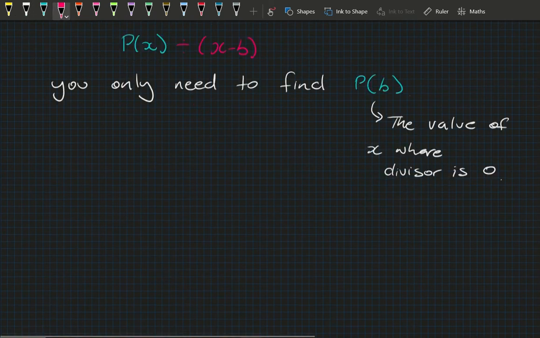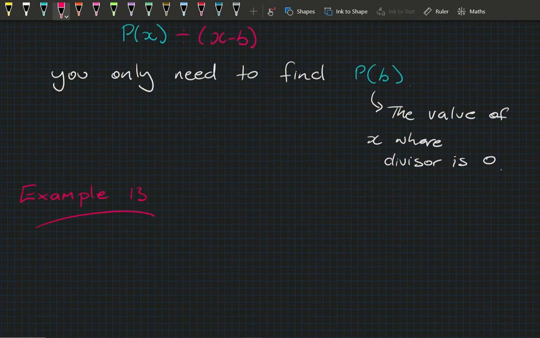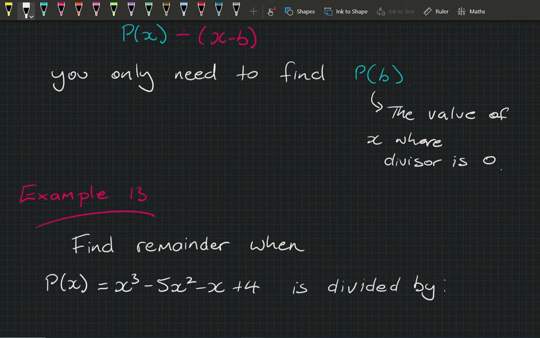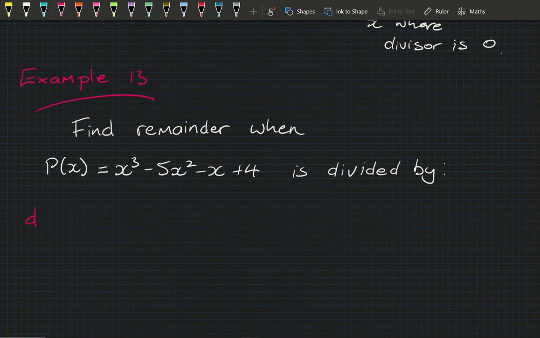Okay, so let's put this into action with example 13, where we're going to find the remainder when this polynomial x cubed minus 5x squared minus x plus 4 is divided by the following linear divisors. Alright, in part A, our divisor is x minus 2. So x minus 2 equals 0 when x is equal to 2.